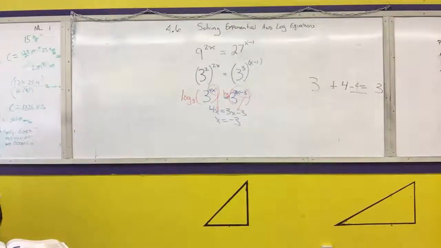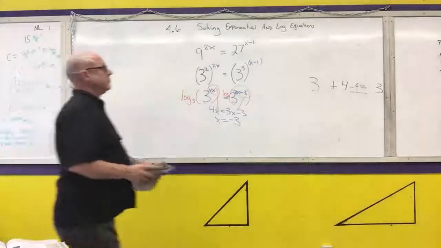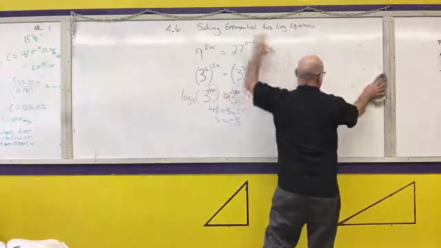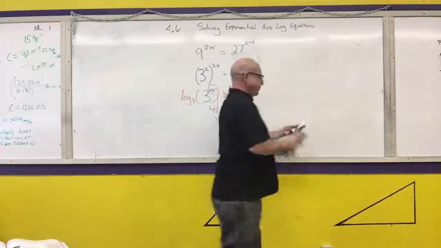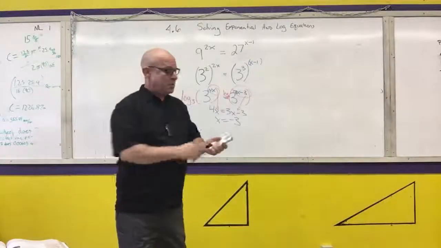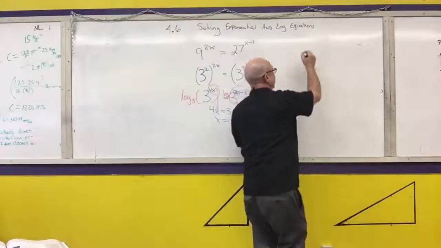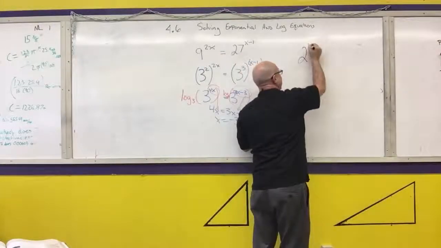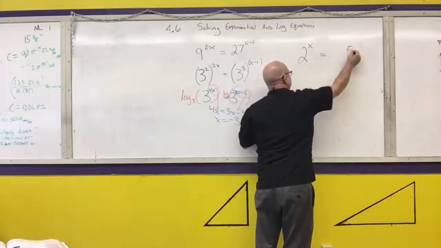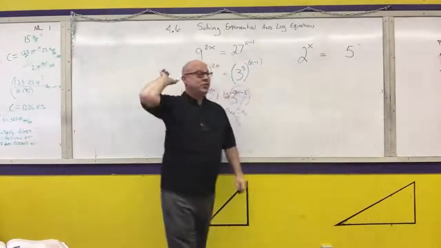So, the next ones are calculator type problems. This one is like doing it in your head. Here's one that you can't do in your head. Two to the x equals 5.